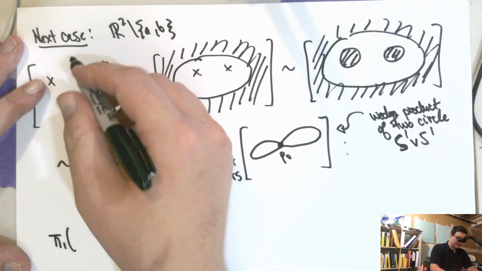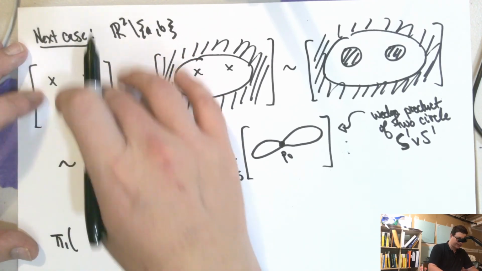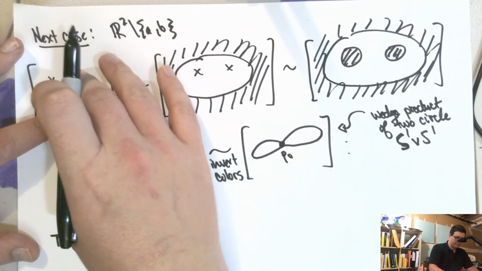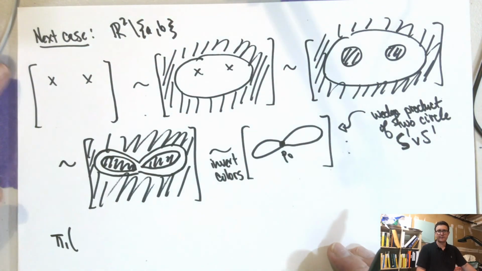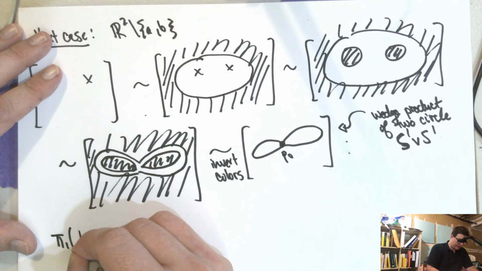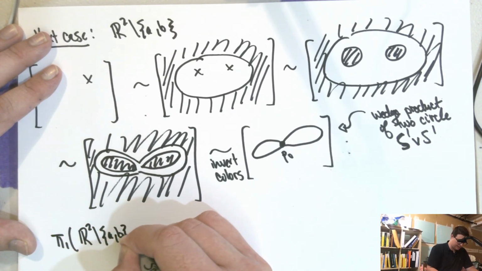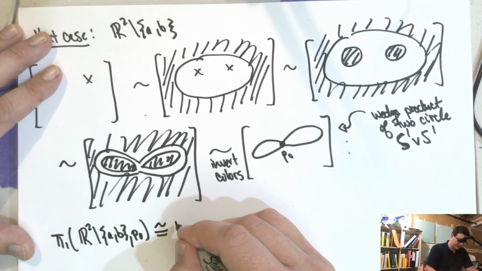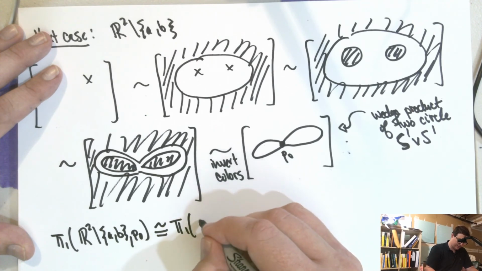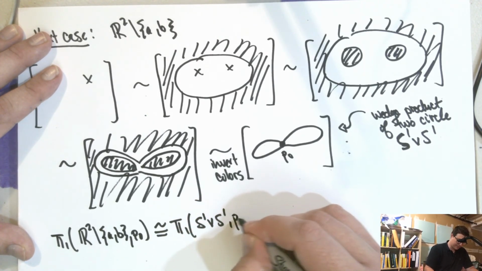Again, it turns out that all of these paths here can be deformed into paths that just go around these two things. Okay, so pi 1 of R2 minus {A, B} based at P naught is the same thing as pi 1 of these two circles based at P naught.